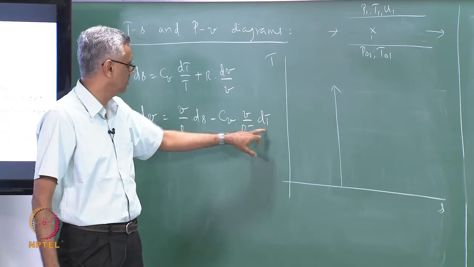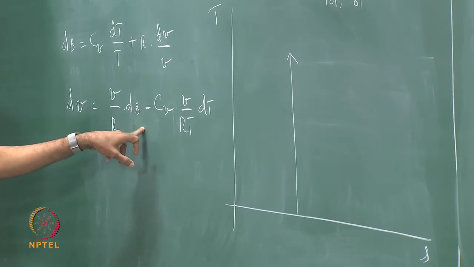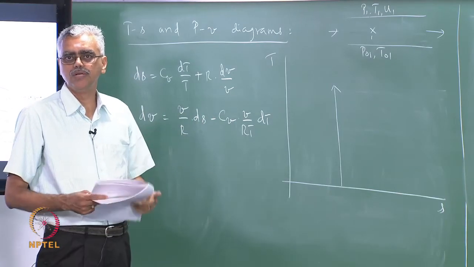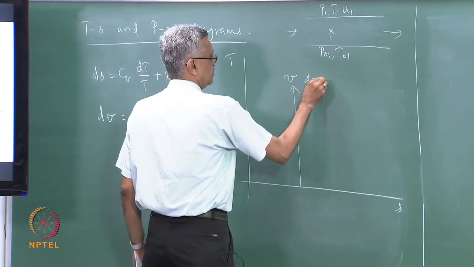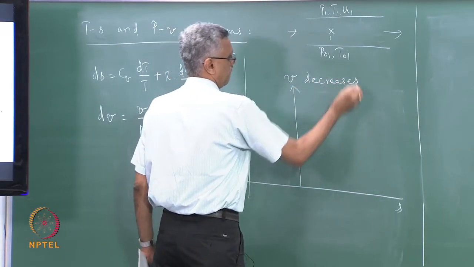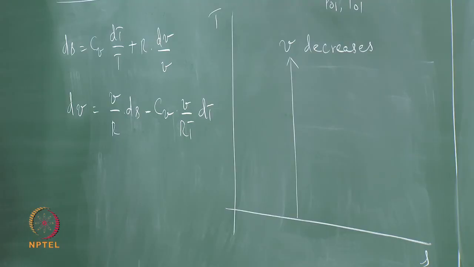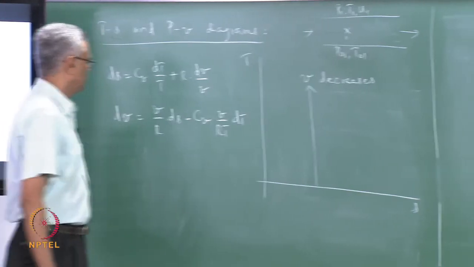This is positive, positive, positive, positive. So, that means specific volume decreases when I move in this direction. That is the first piece of information that we can get from this. Okay, is this clear? Right. So that is the first piece of information.